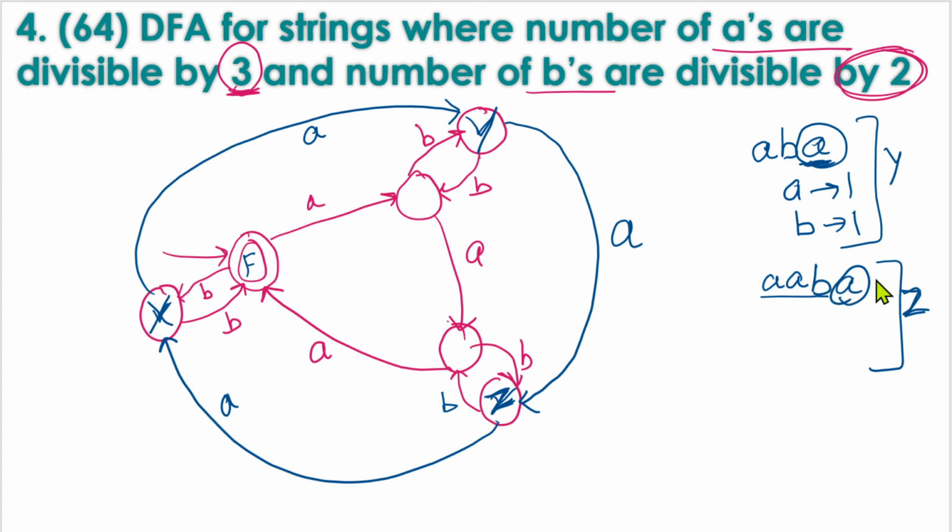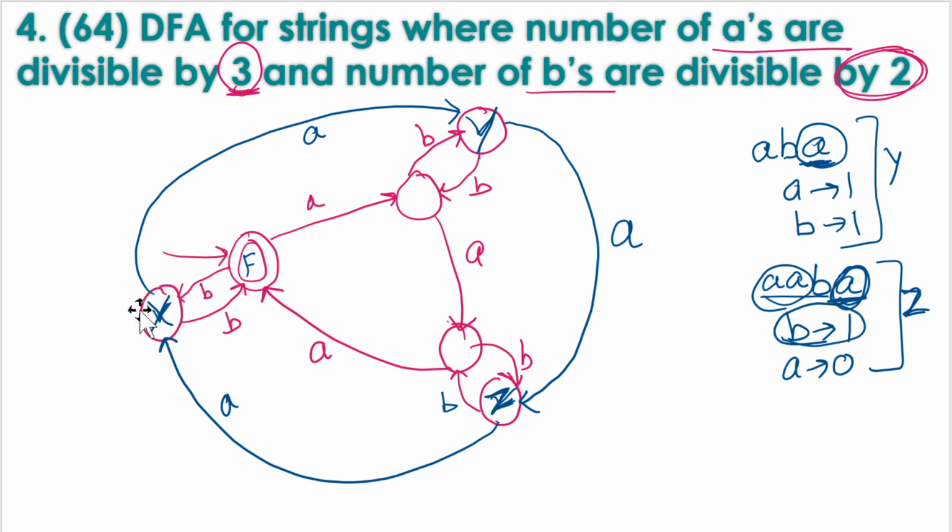So after receiving the next symbol as A, we need only one B for acceptance and 0 A's, because we are already in a state where we have 3 A's.